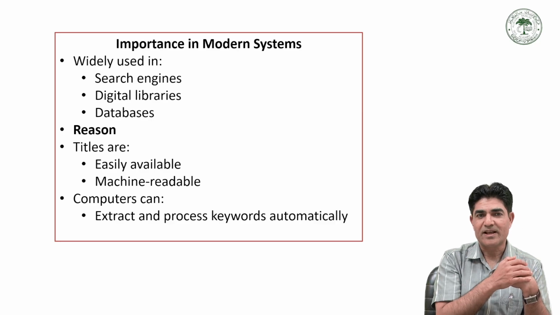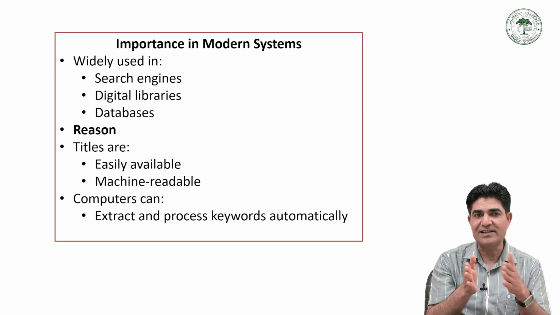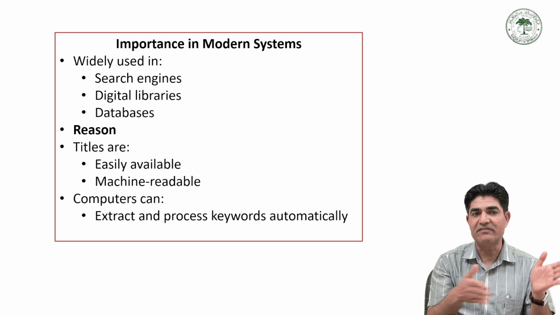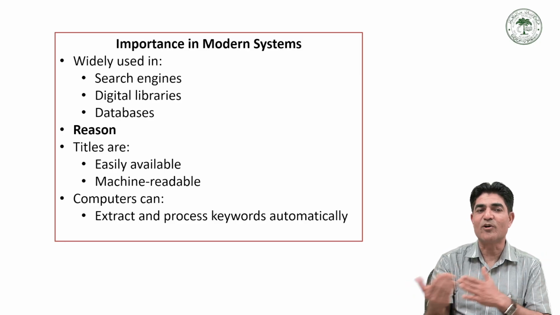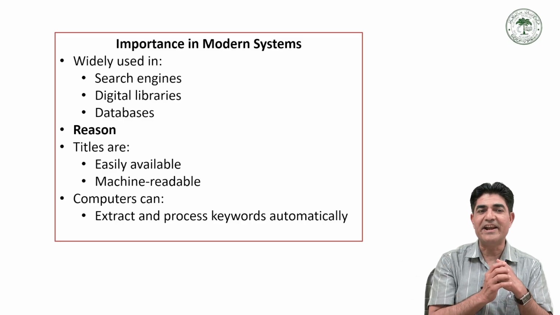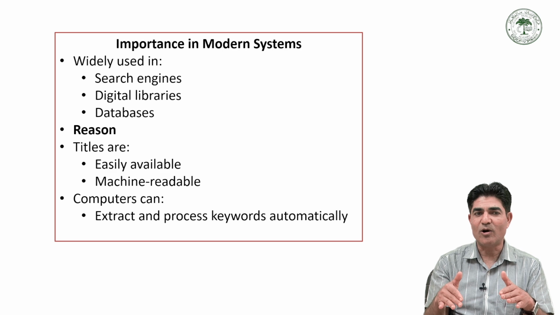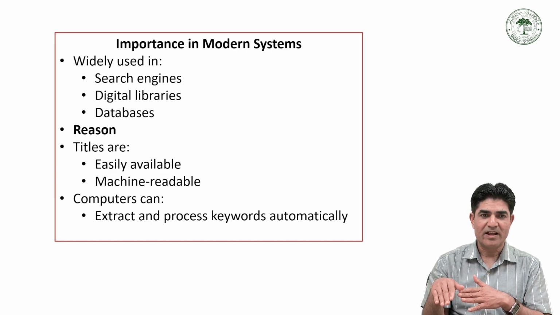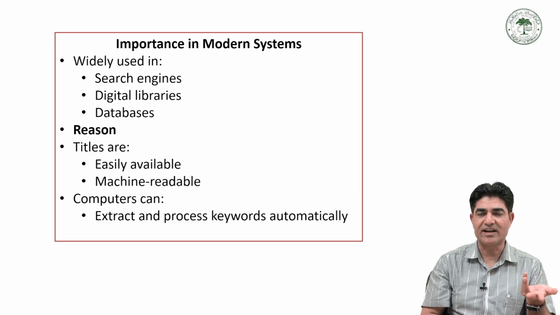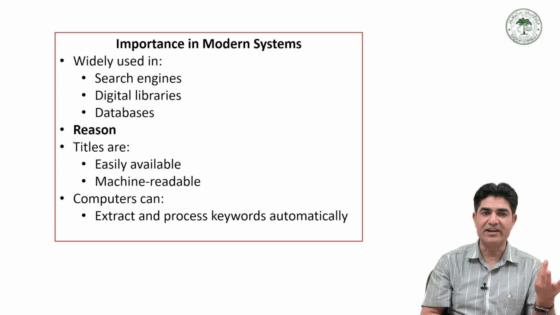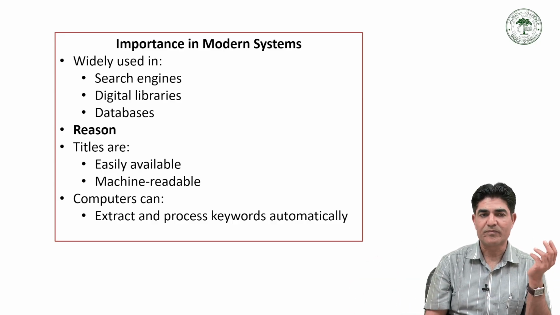There is an inbuilt feature in almost all kinds of digital library systems that tries to extract the relevant keywords from the title of the document and include them in the indexing file. So digital libraries also rely on this kind of title-based indexing system. Databases also use the same kind of process, extracting relevant keywords from the titles of documents and including them in the indexing file.